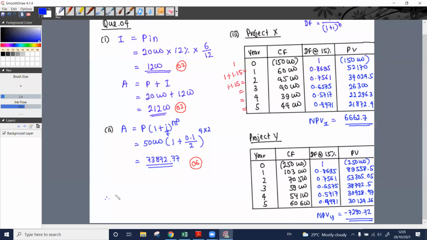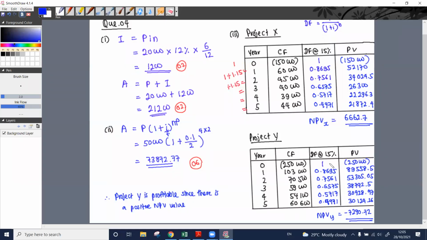Therefore, project Y is profitable since there is a positive NPV value.